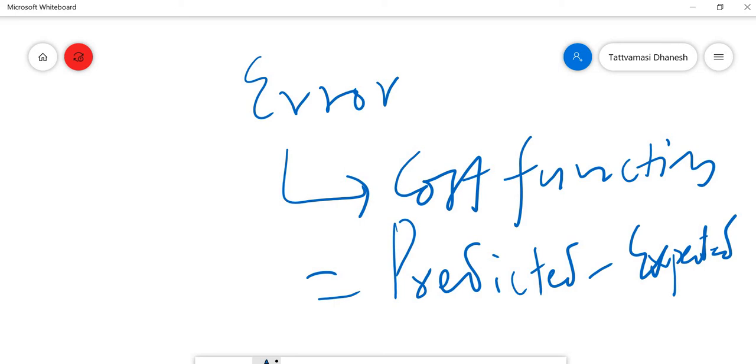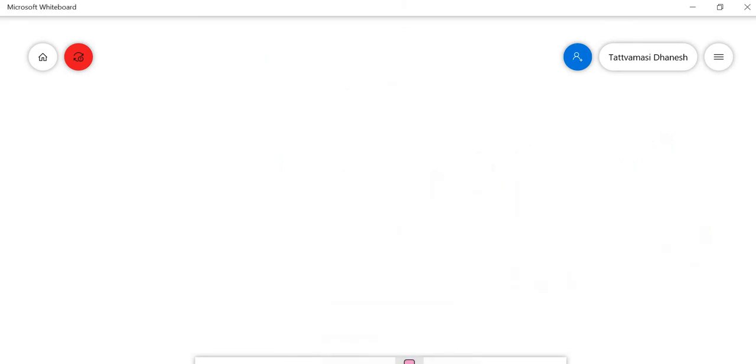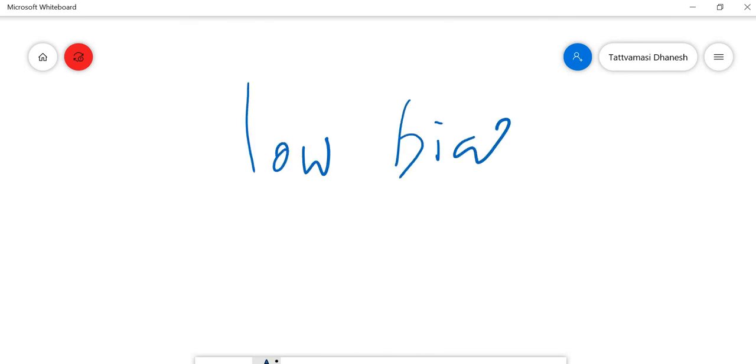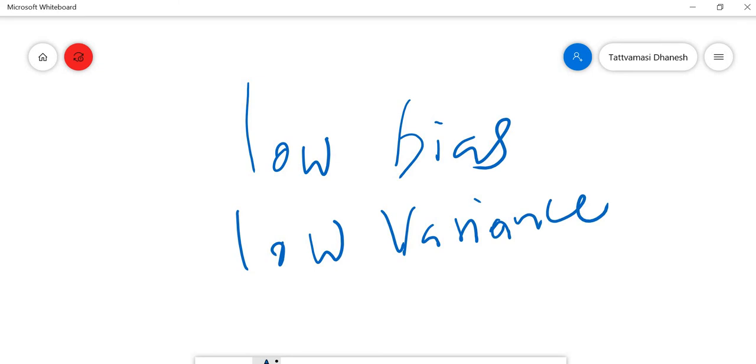That means to minimize the error, you need to understand bias and variance. So for an ideal machine learning model, it must have low bias and low variance. Here comes the optimization between bias and variance.